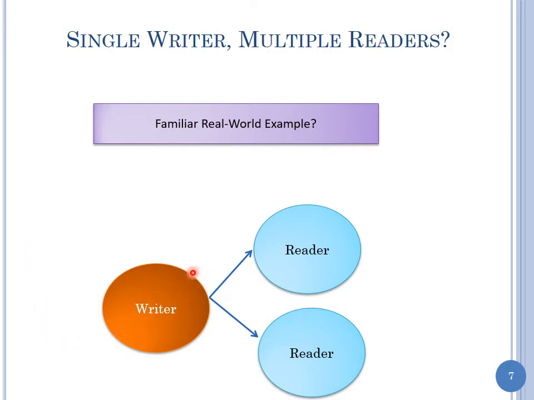Part of the architecture is that a writer is going to multiple readers. The writer may be receiving information from multiple other writers, but that is orthogonal to what I'm talking about right now: the fact that a single writer might send information to multiple readers.